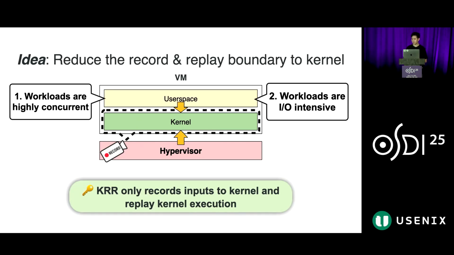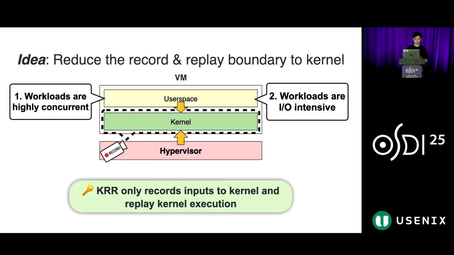But notice, compared with whole machine RR, KRR actually adds one more recording interface from the user space, which could be more expensive. However, despite this additional cost, there are two benefits that still make this approach significantly more efficient than the traditional approach.